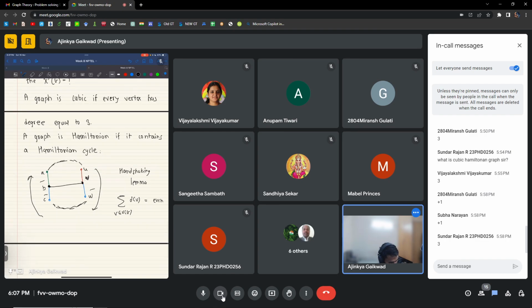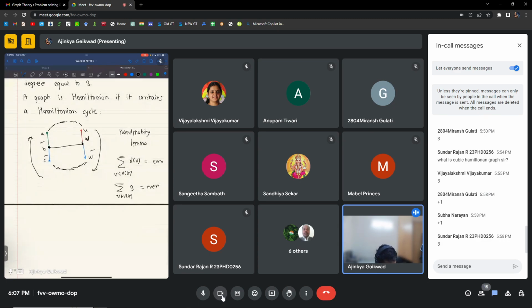So the sum of degree of v over v in V(G) is equal to an even number. This can be written as 3 into |V(G)| is even, because I'm adding 3 n times, where n is the number of vertices.